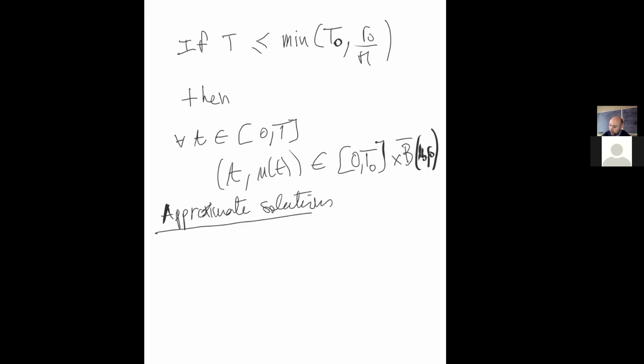Now you assume that, so I don't write the h, but u is provided by the Euler method. So it's not the exact solution here. U is not the exact solution, but an approximate solution. And I claim that I can do the same estimate.